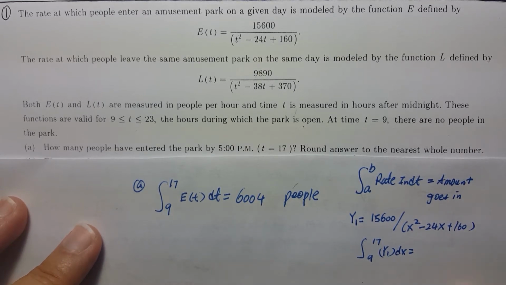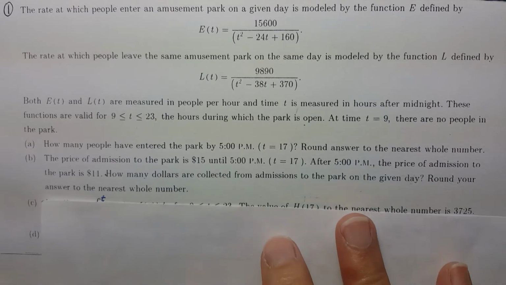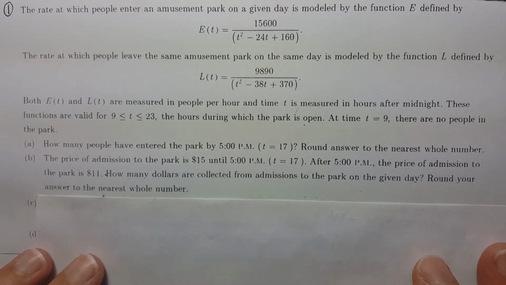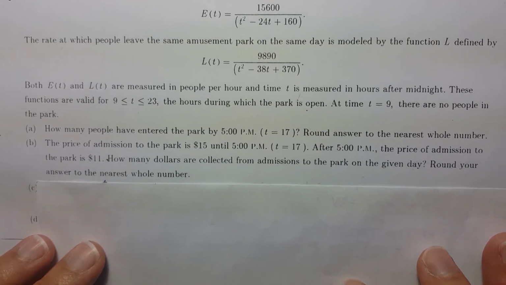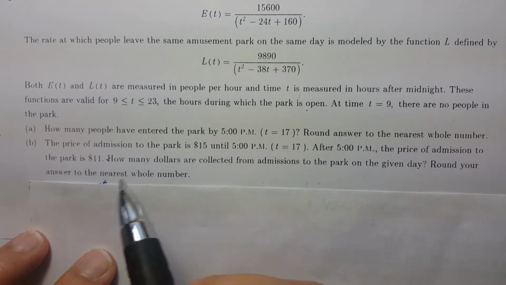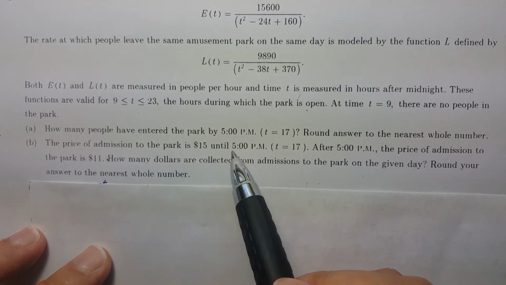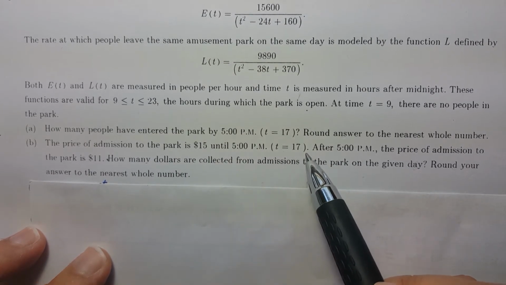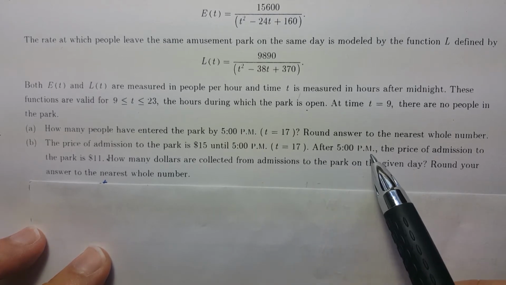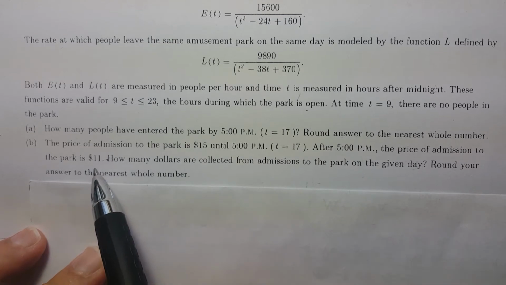Now let's go to part B. The question said that the price of admission to the park is $15 until 5, t equals 17. After 5 p.m., the price of admission to the park is $11.